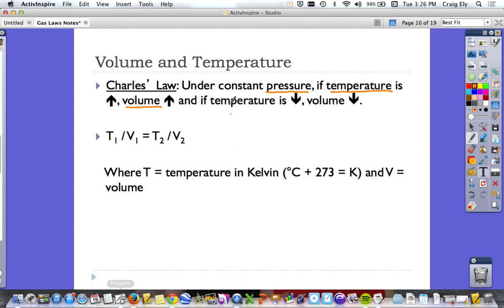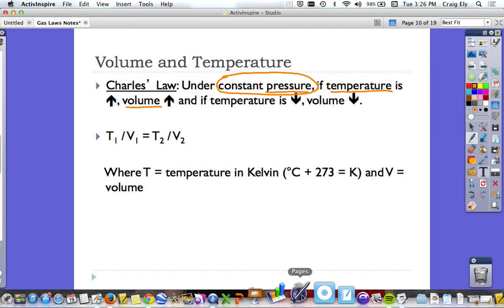So in this case, our pressure is constant, so we don't really have to worry about pressure when it comes to calculating our temperature or our volume. So when we look at Charles' Law, we see that if volume goes up, the temperature goes up, or if the temperature goes up, the volume goes up, or we could say it vice versa. As the temperature goes down, the volume goes down, so on and so forth.